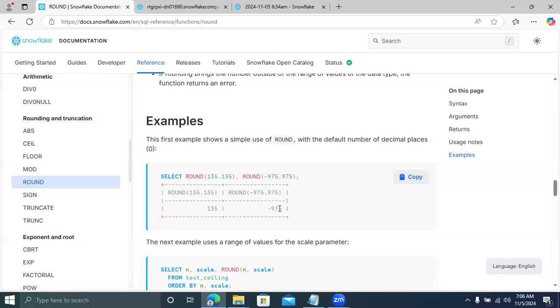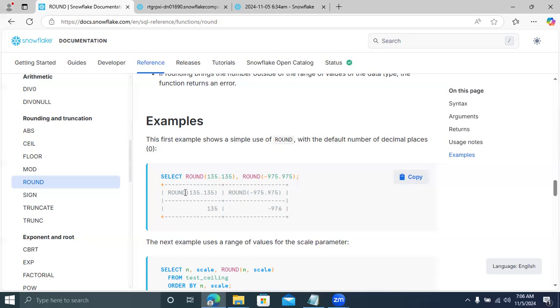Again, I am asking you, is minus 970 the higher value or minus 975? Minus 975, right? Then how are you saying it's a floor? Floor will go for the least value, right? Correct, what you said is correct. Floor only goes for the least value. Okay, it's coming like a floor.